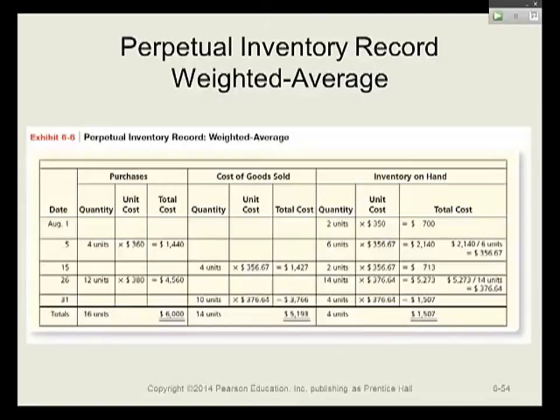The beginning inventory has 2 units at $350, or $700. The average cost at that point is $350. Then I purchase 4 units at $360. Sorry about that, it was the wrong one.